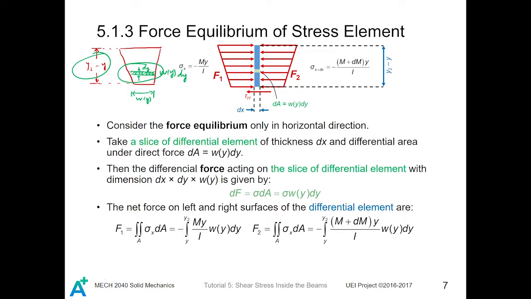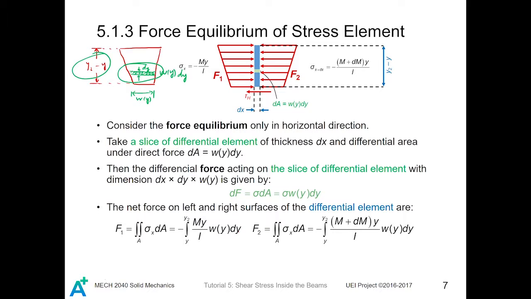For this thin plate differential stress element, you can see there are two forces acting on it. One is the direct stress caused by the bending on the left hand side. Another is the direct stress caused by bending on the right hand side. In the last tutorial, we mentioned that we can draw a distribution of direct stress with respect to x, maybe like this, or maybe like this.